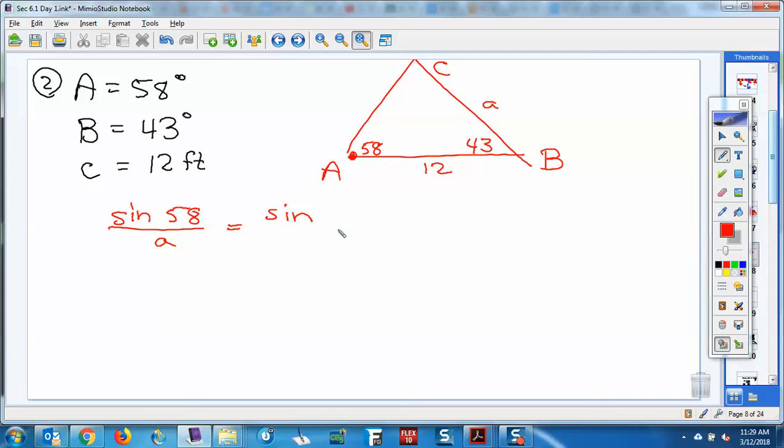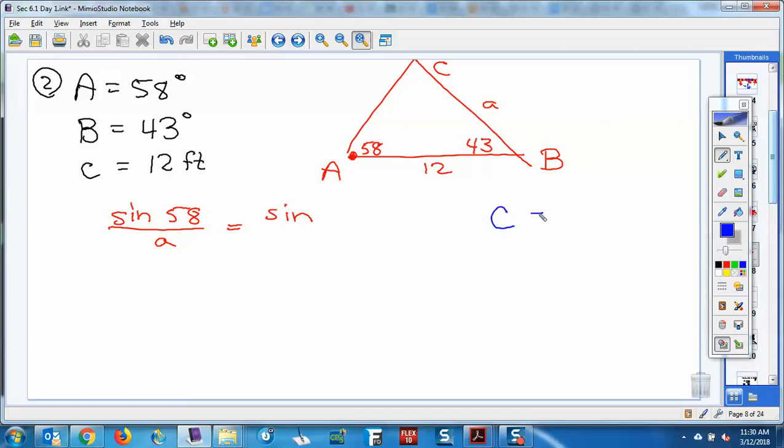We can't do 43, can we? Because then we'd need B, and then we got 2 unknowns. So, minor inconvenience. When we get the side in between, it's like, oh, shoot, well, this is easy, right? So we should find that first. As a matter of fact, if you're given 2 angles, that probably ought to be the first thing you do. If you're given 2 angles, find the third, right?